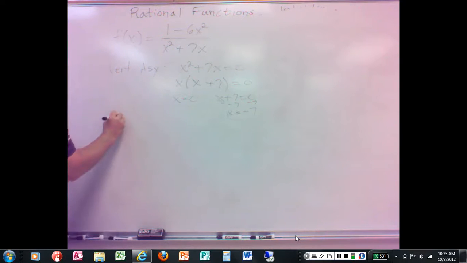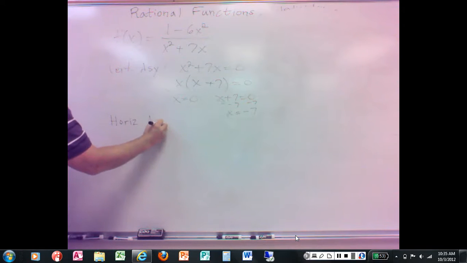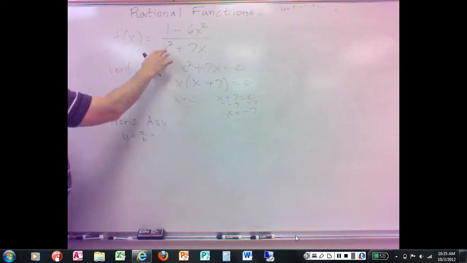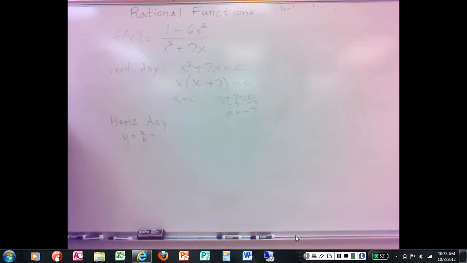All right, what about the horizontal? Well, if we go y equals a over b, I can do that one here. That is one of the reasons I did this one. What do I divide for a over b for the horizontal? 1 divided by x squared? No. This is the leading term on the top, isn't it?